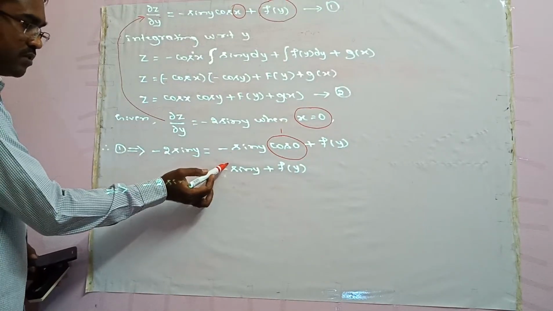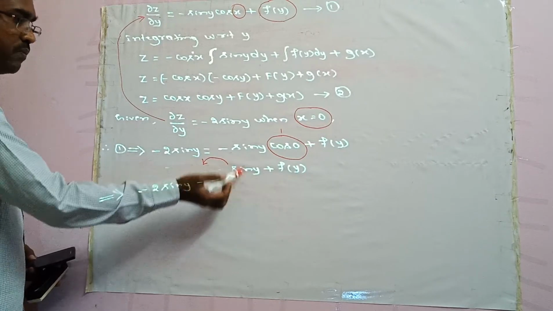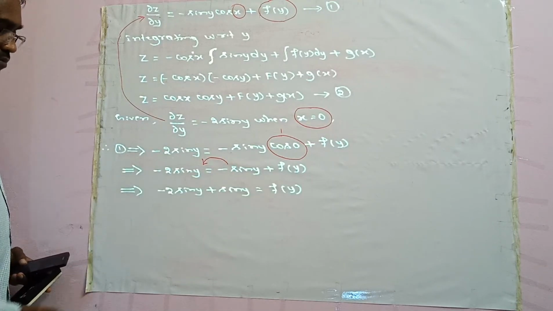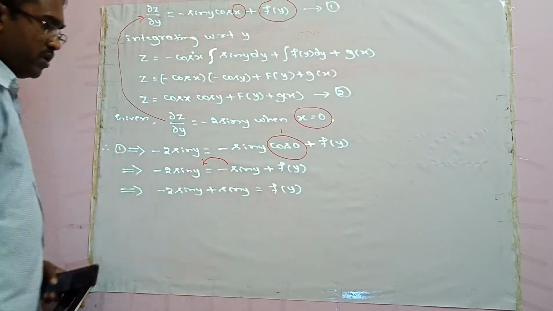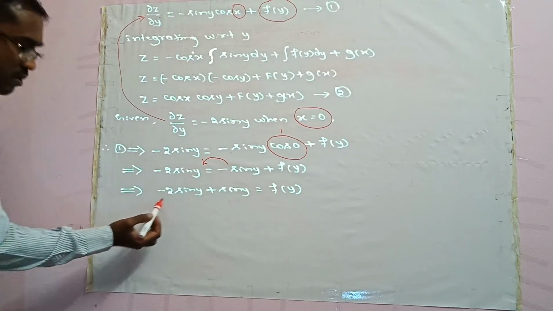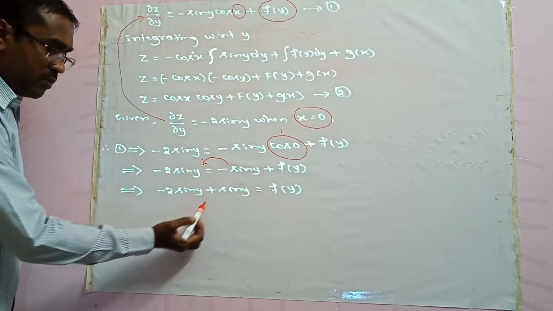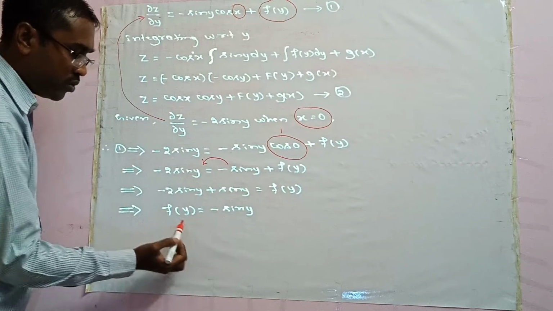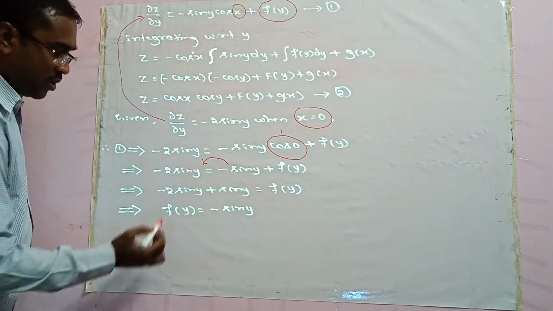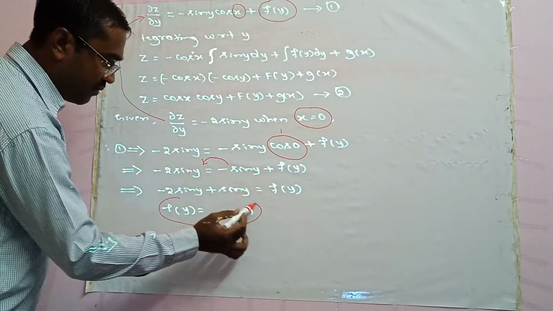Now let us take this minus sin y to the LHS. We get minus 2 sin y plus sin y is equal to f of y. Minus 2 times plus 1 time will be minus 1 times sin y. So f of y is equal to minus sin y. So we got the value of small f of y.